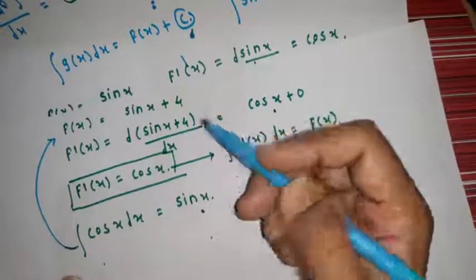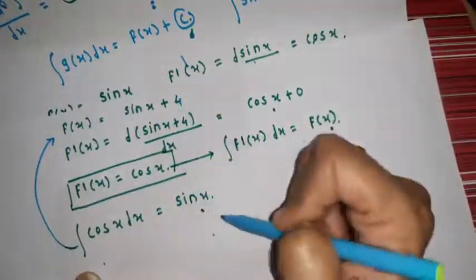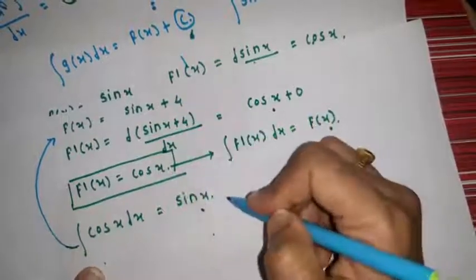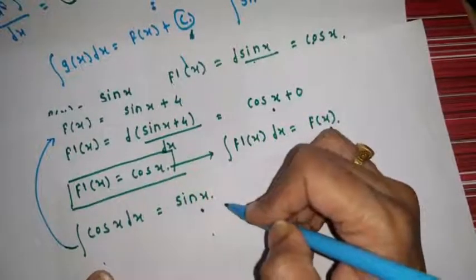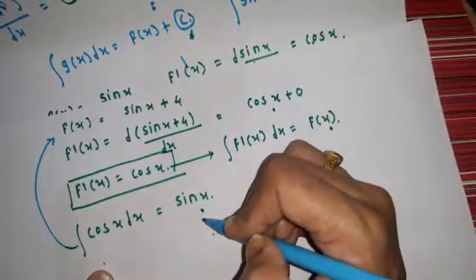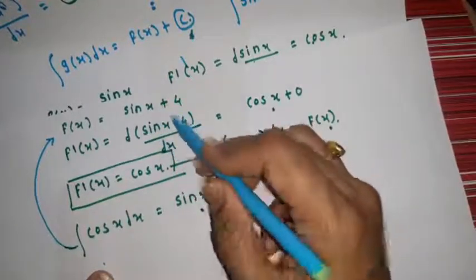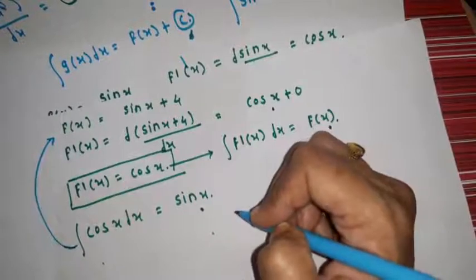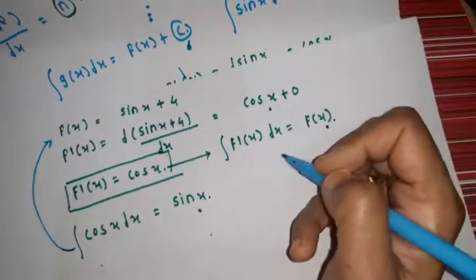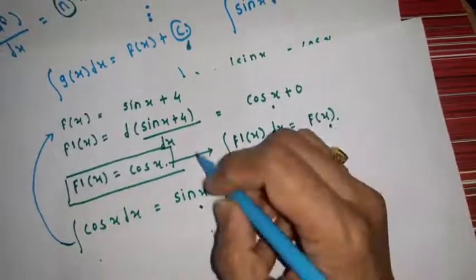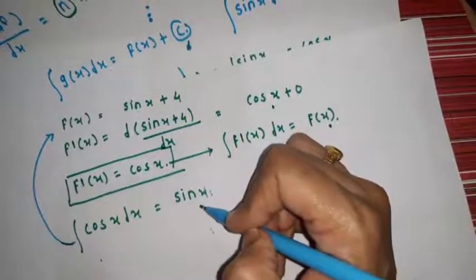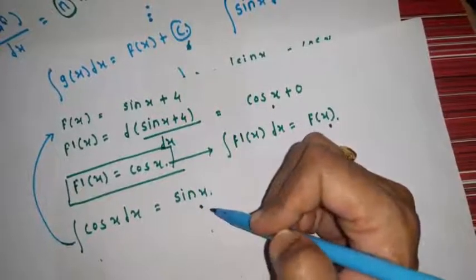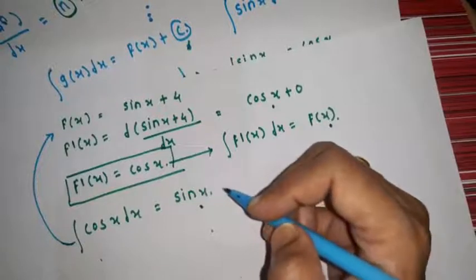So here this 4 is missing; the 4 does not appear in our answer, only sin of x is there, and hence the answer is incomplete.